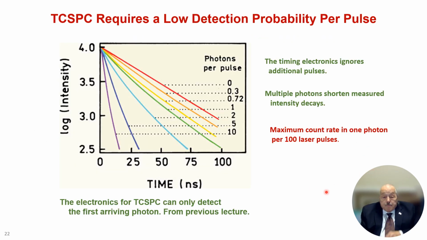pileup. This slide I showed you in the previous lectures, where we looked at the intensity decay, number of photons per pulse, and even if you're at 30% or 0.3 photons per pulse, you've already seriously distorted your lifetime.